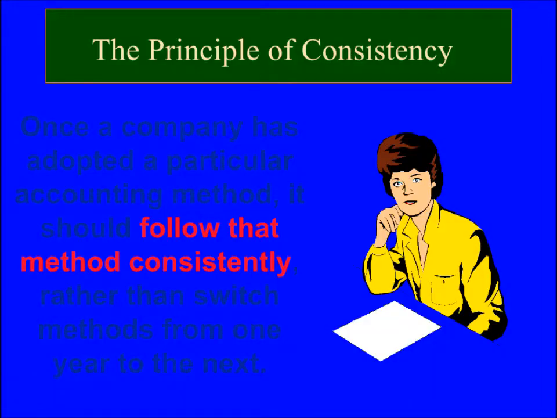The principle of consistency. The principle of consistency means once a company has adopted a particular accounting method, it should follow that method consistently, rather than switching method from one year to the next. Like if a company has decided to go on a perpetual or periodic system, it should follow that.